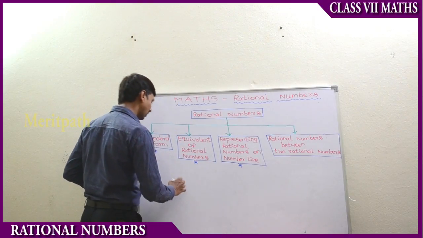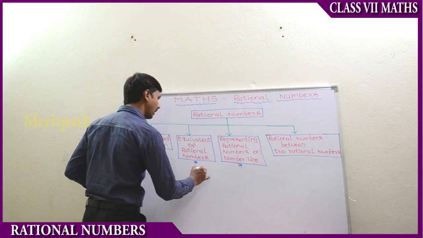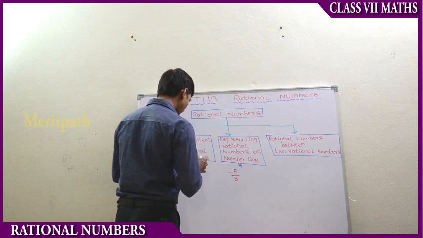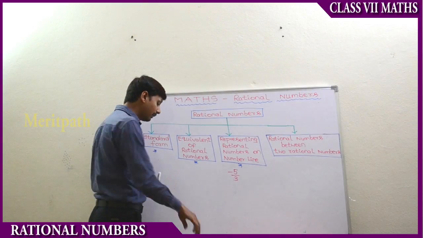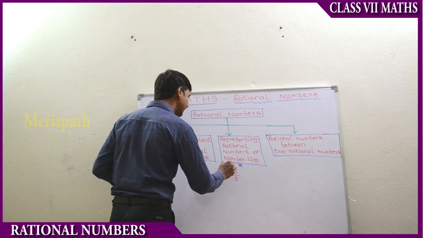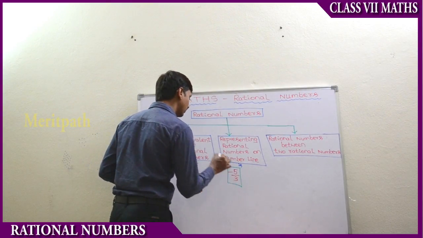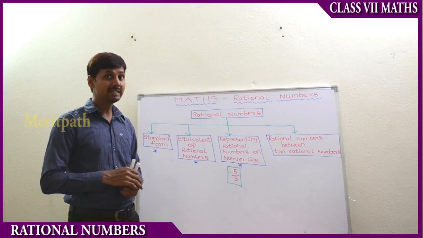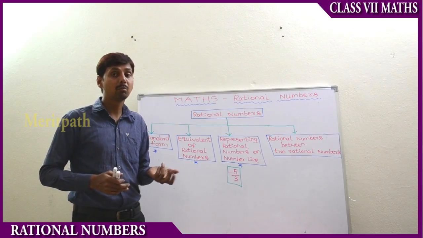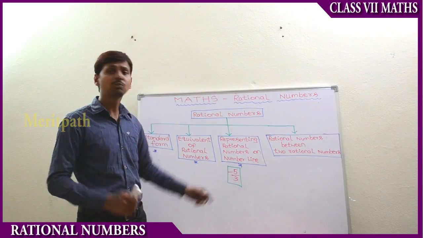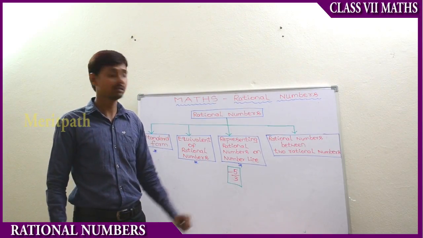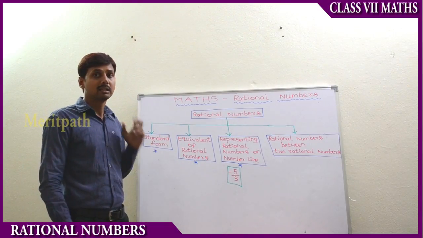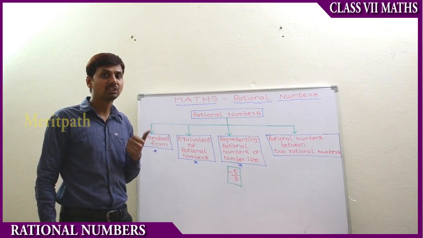If we take any rational number, like minus 5 by 3, how do we represent this minus 5 by 3 on the number line? First we need to know what kind of number it is, either a negative number or a positive number. It's a negative number because it has a negative sign, minus. So this is a negative rational number.